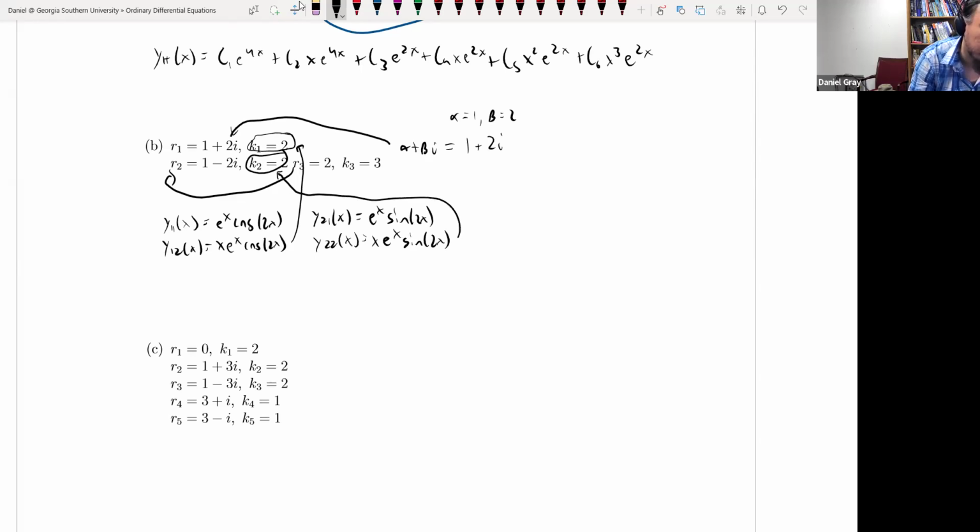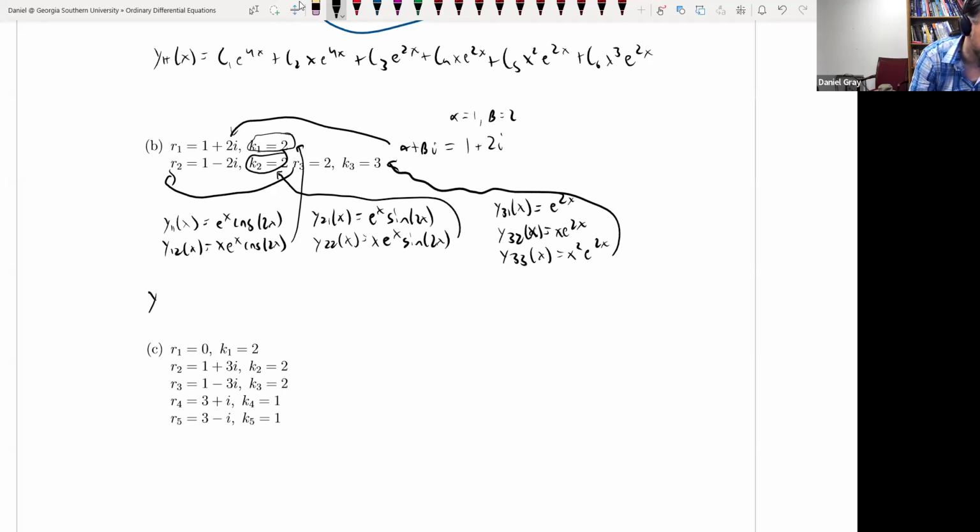So now we go to R3. Our first solution corresponding to R3, y31, is going to be e to the 2x. y32 of x is x e to the 2x, and y33 is x squared e to the 2x, because our multiplicity was 3.